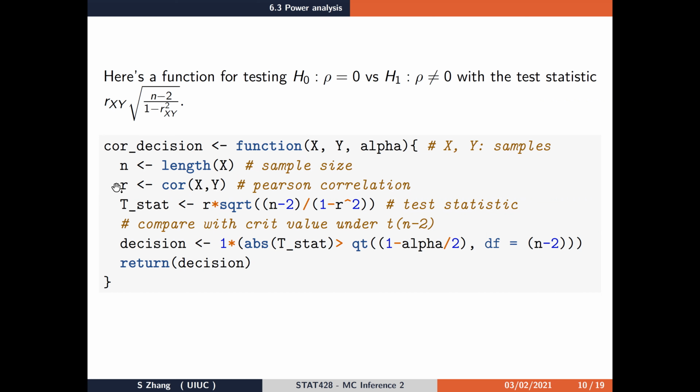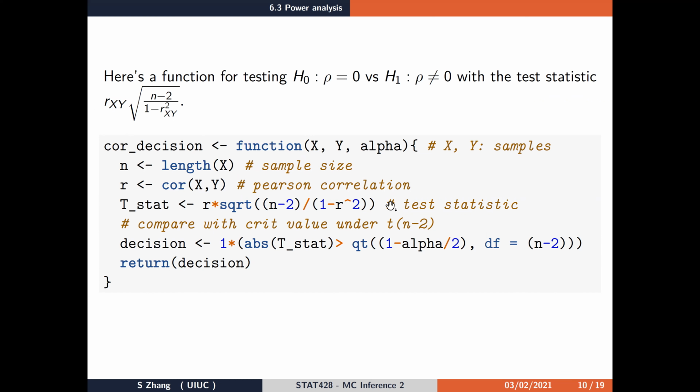And then we can calculate the Pearson correlation between x and y using the cor function applied to these two length n vectors. Then we can calculate this test statistic. It is equal to r, the Pearson correlation, times the square root of n-2 divided by 1 minus r squared.